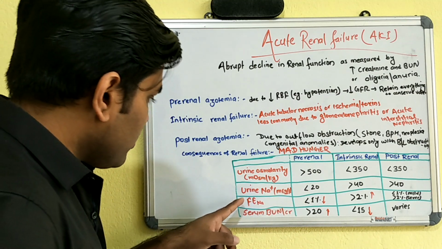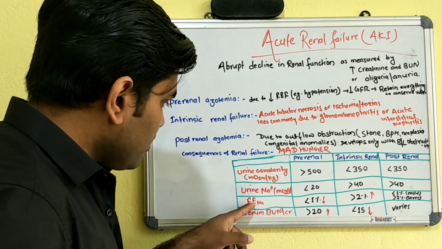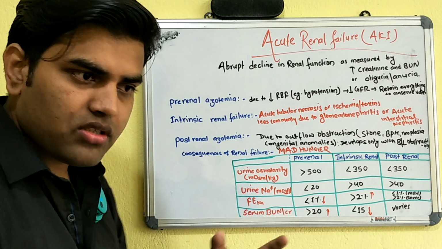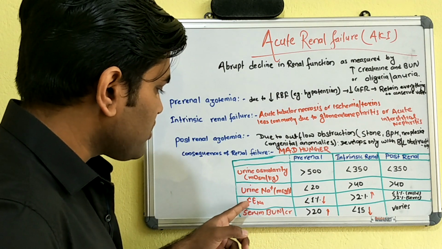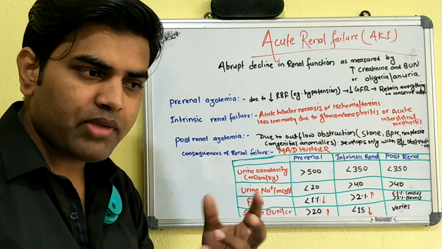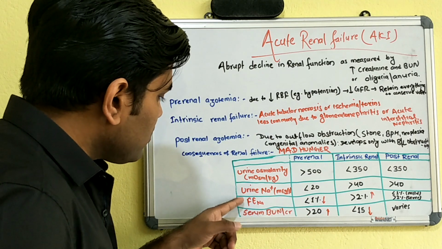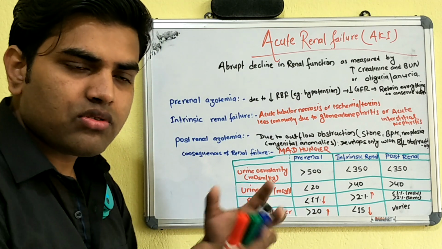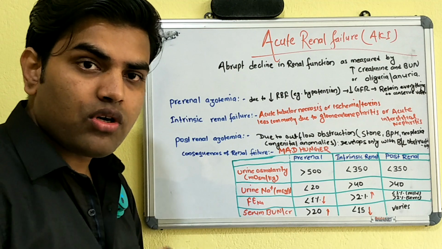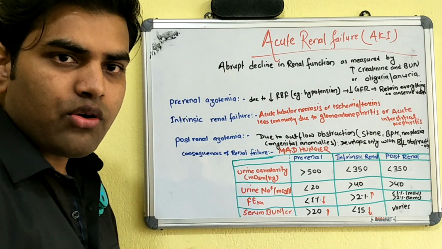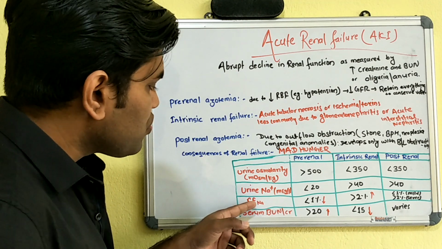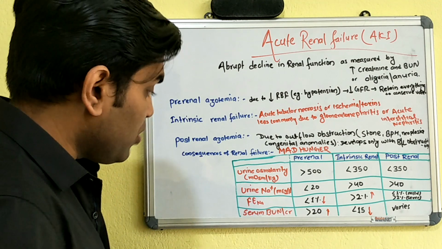The FeNa, the fraction of excreted sodium in the urine, will be less than 1%, because the kidney has to work for the body and reabsorb all the sodium going through it, as much as possible.